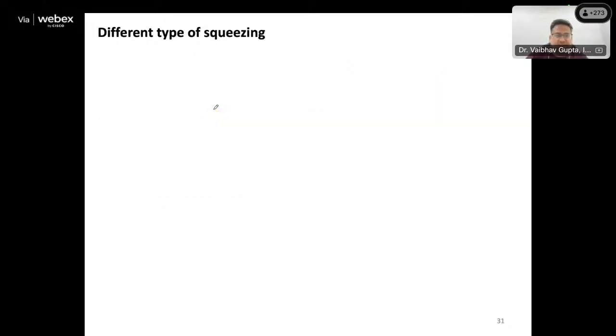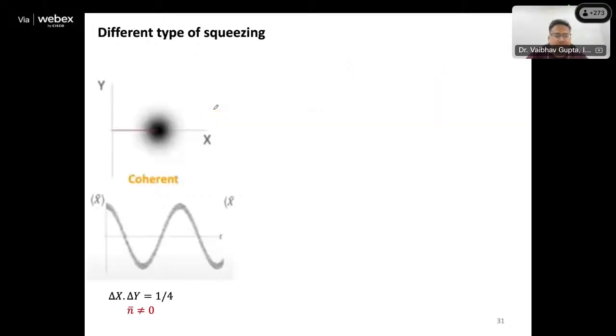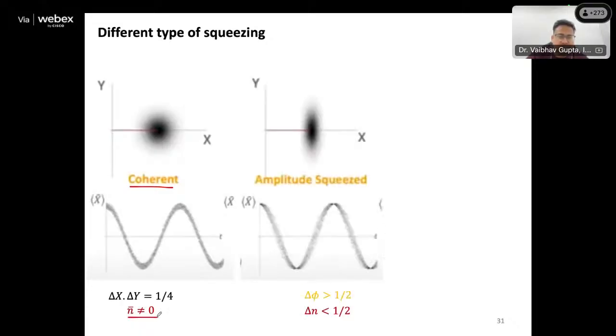So the phase noise has increased, and you can do different types of squeezing. So that is the coherent state, where n bar, meaning the average number of photons, is not zero. It looks something like this. In case of amplitude squeezing, in terms of phase the noise has increased, and in terms of amplitude it has decreased.